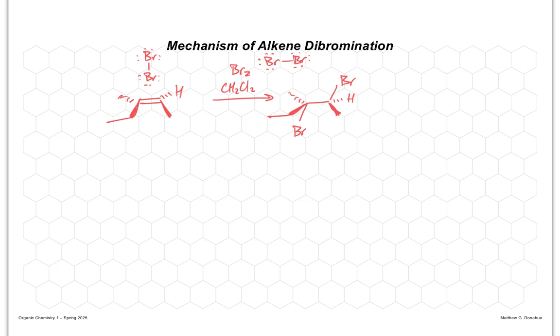And when we push the arrows, I'll just draw this in blue so you can see it different. So the alkene electrons come up. That's going to form a carbon-bromine bond. We have to break the bromine-bromine bond. But then also what happens is a lone pair comes down from bromine to attack the other carbon.